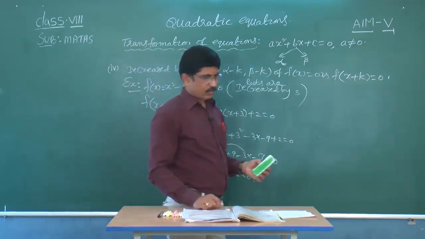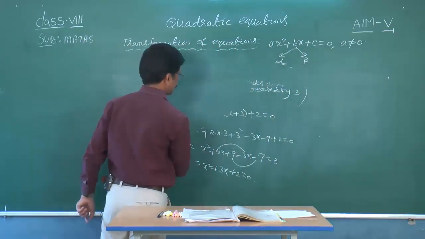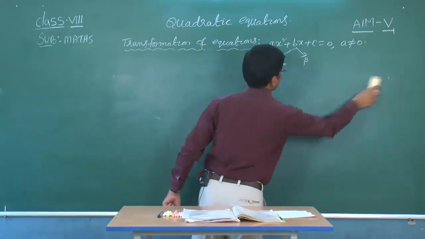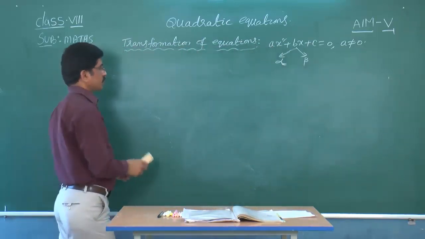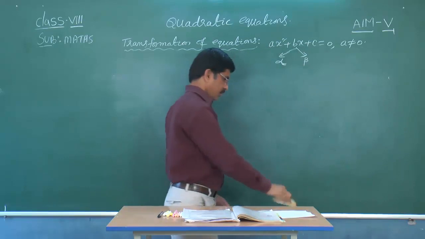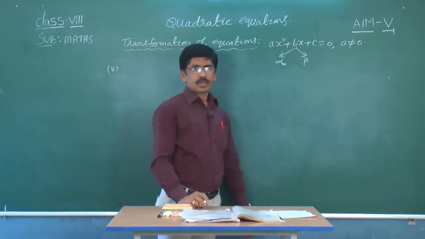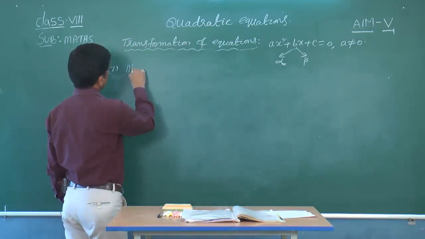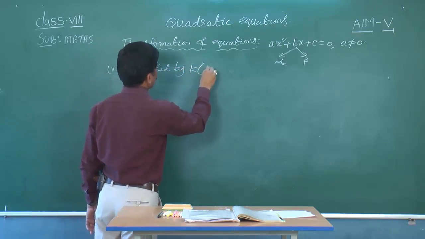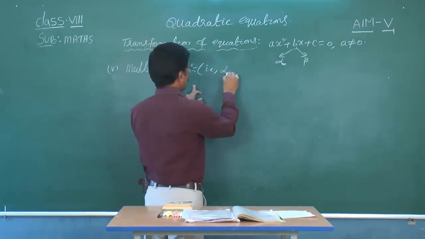Next, the fifth one, multiplying. Multiplied by k: the first root is alpha, multiplied by k it is alpha k.